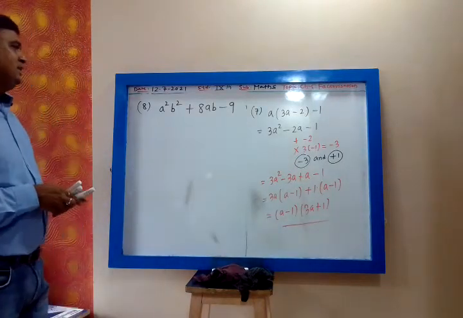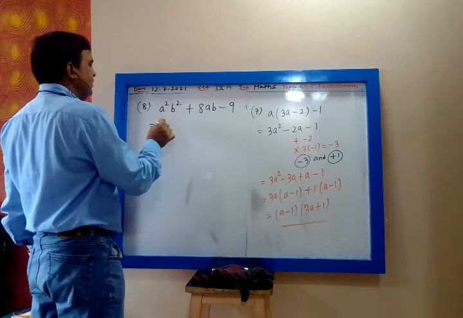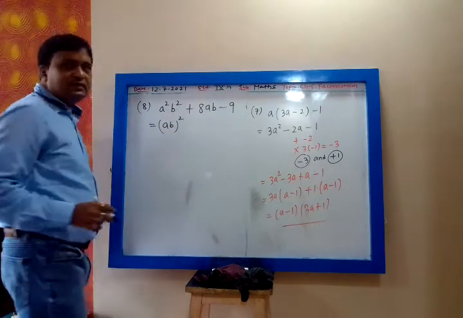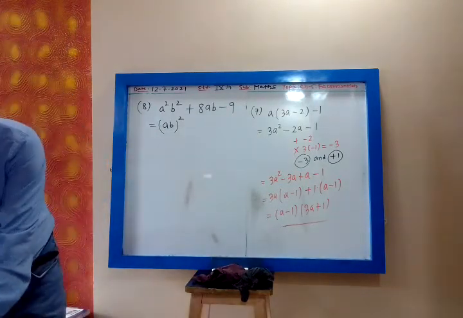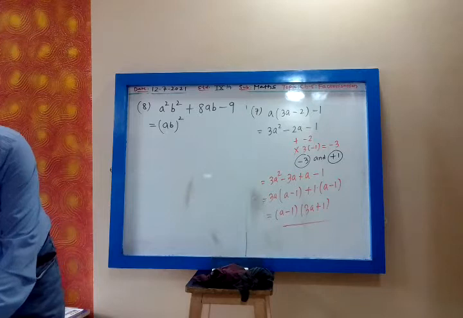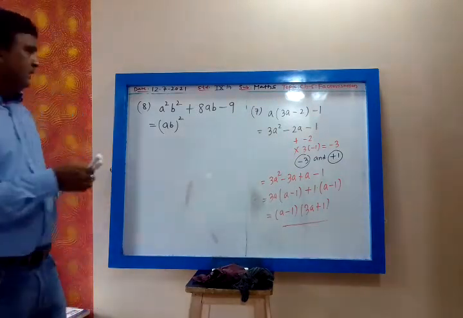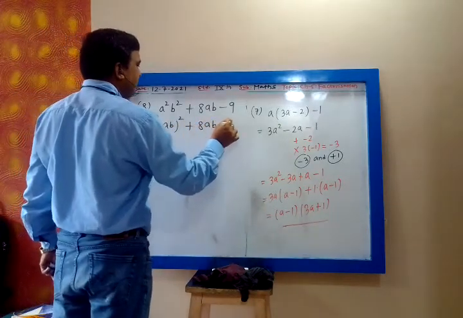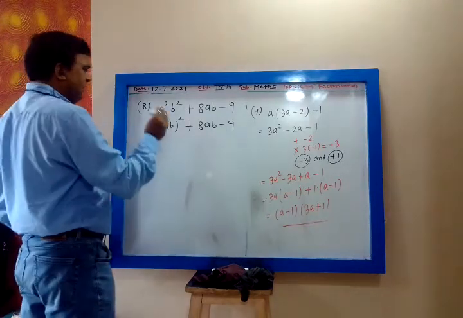So what you can do, see this idea. a square b square, you can write as ab whole square. Then 8ab minus 9.